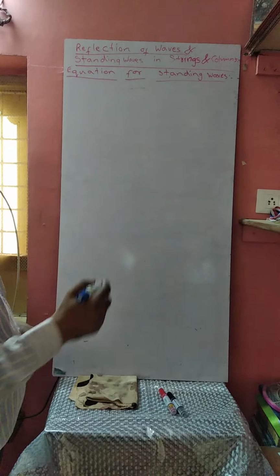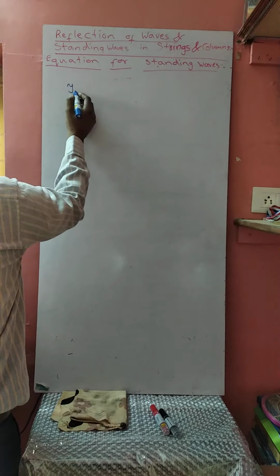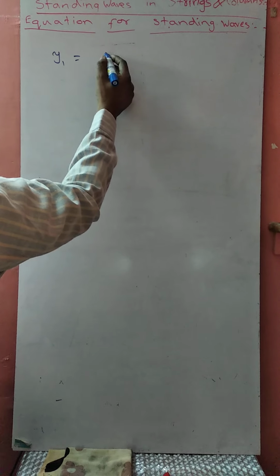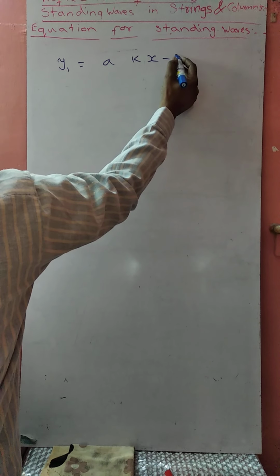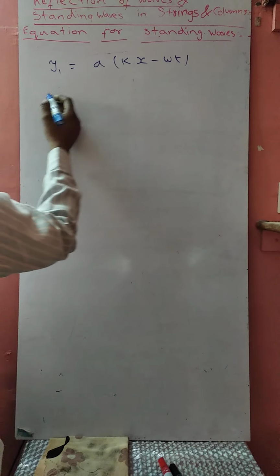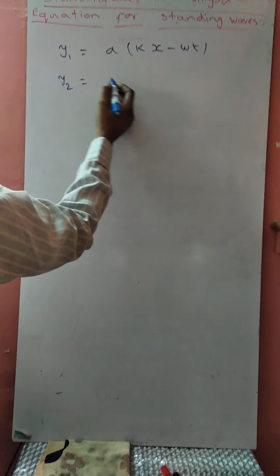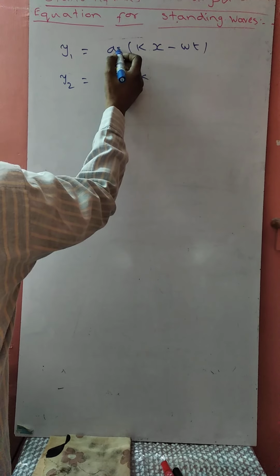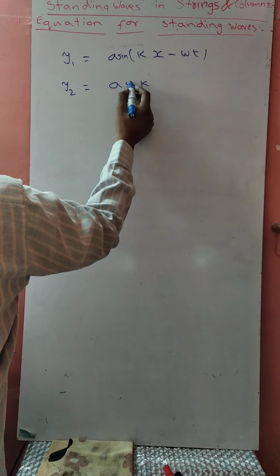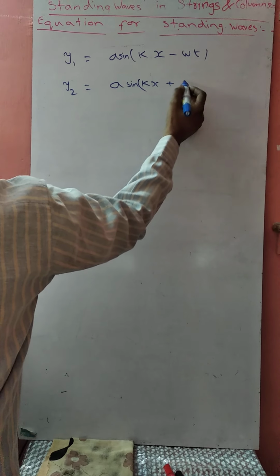Equation for standing waves. Suppose two waves are superposing, one is y1 = a sin(kx − ωt), and the second wave is y2 = a sin(kx + ωt).